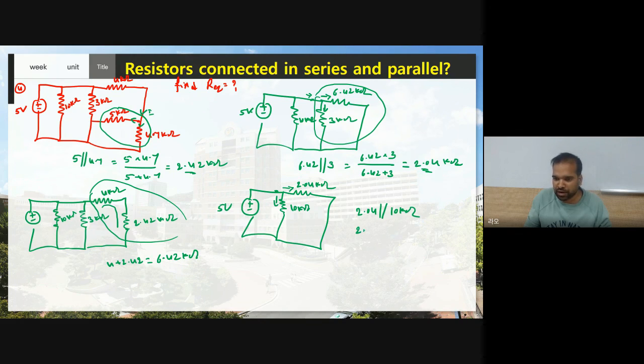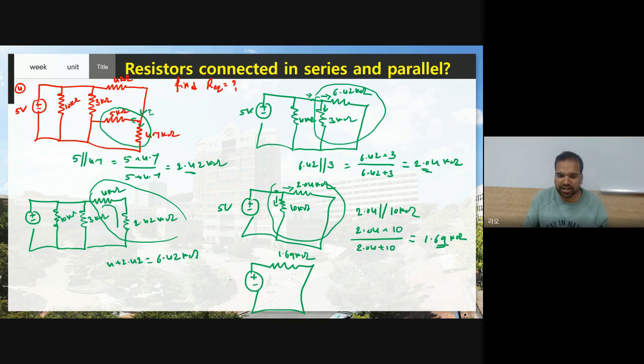Therefore we have the formula 2.04 into 10 by 2.04 plus 10. If you calculate this, you will get 1.69 kilo ohm. Therefore instead of these two resistors, you can replace a single resistor with the value of 1.69, and it is approximately 1.7 kilo ohm.